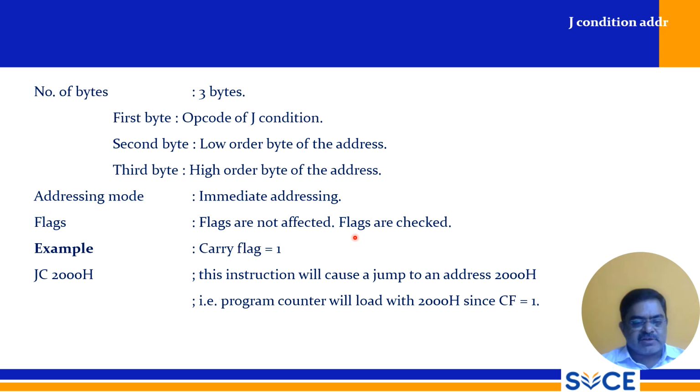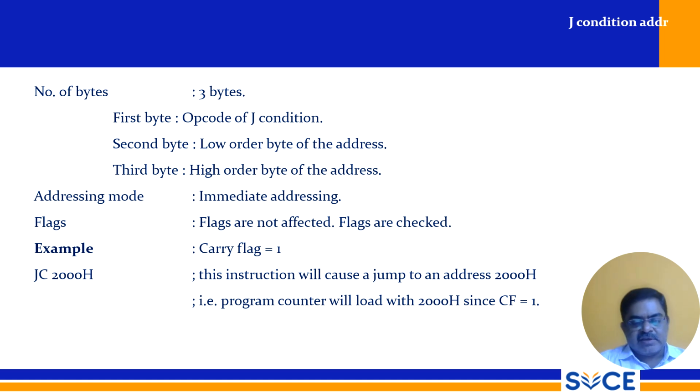Flags are not affected, but flags are checked. So if the carry flag is 1, JC 2000H will cause a jump to the address 2000H, as the program counter will be loaded with 2000H since CF is equal to 1. So this is the jump condition address.